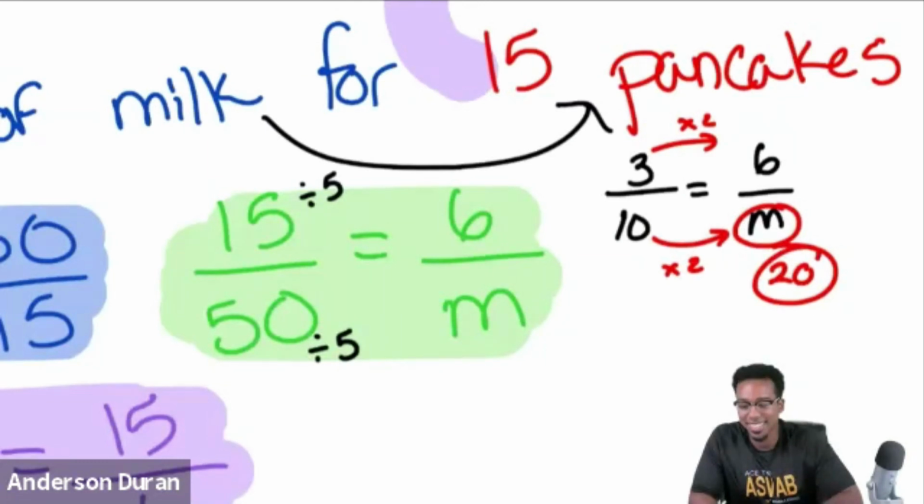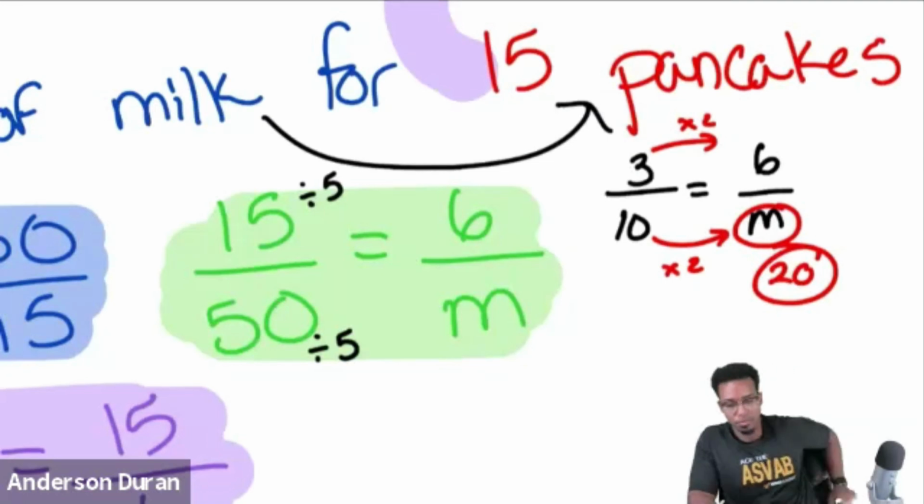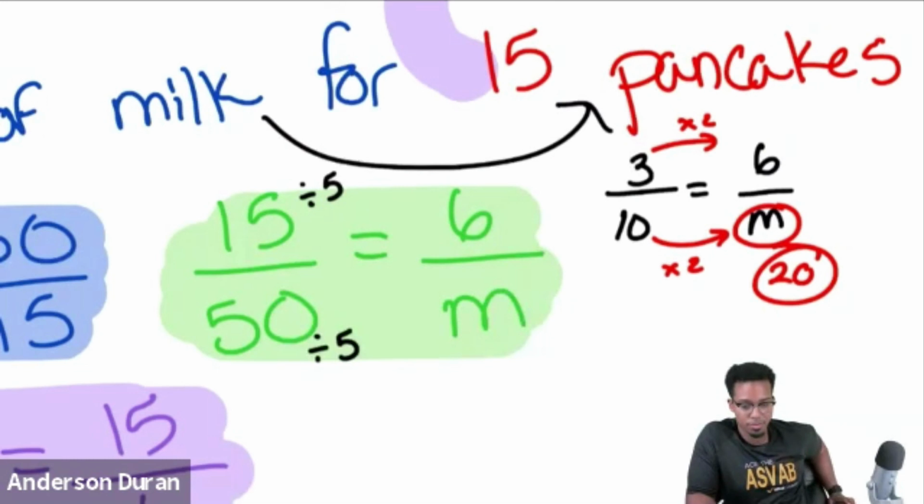Yeah. So the way I do it, coach, is I put 6 over x and then 15 over 50. And then I do the math. I got like 300. And then I do the equation, divide both sides by 15, and then divide 200 by 50, right? Yeah, and you would have got that right.